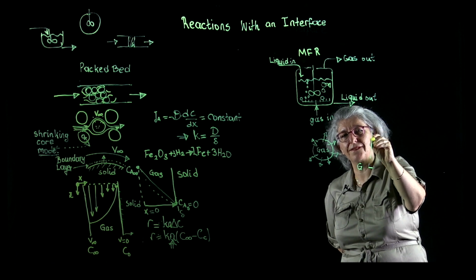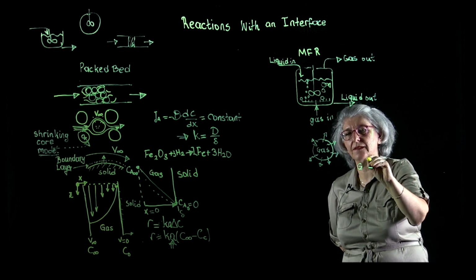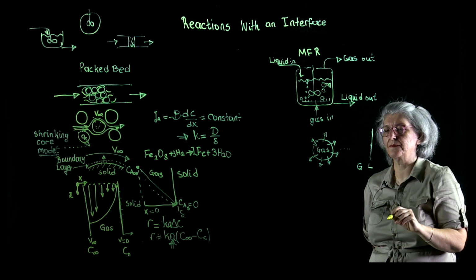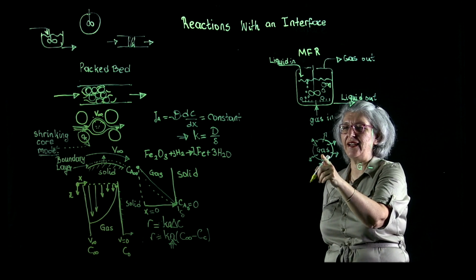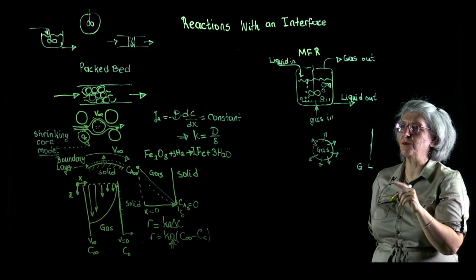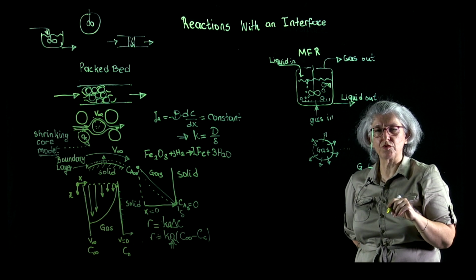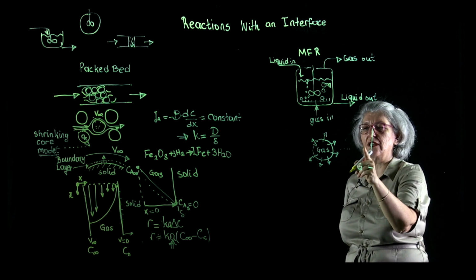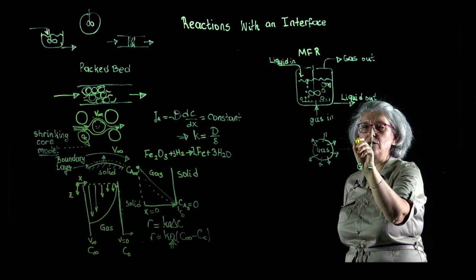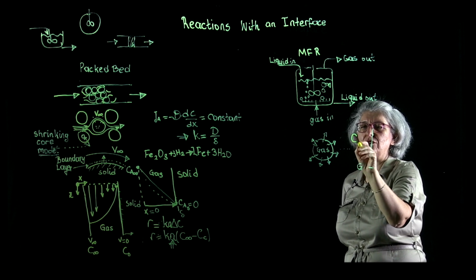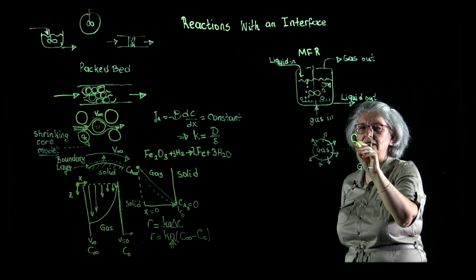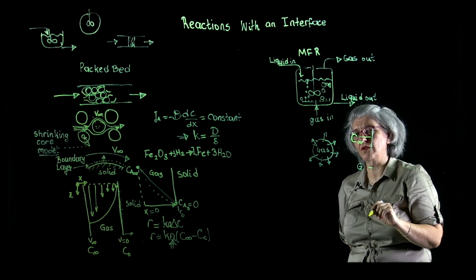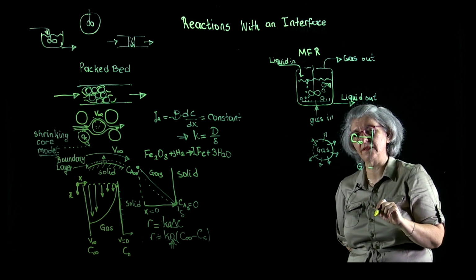This is my flat interface, close to a flat interface. On this side, I have gas, and gas molecules. They move so rapidly that we can take the concentration on the gas side uniform. All right, so let's call this C infinity.